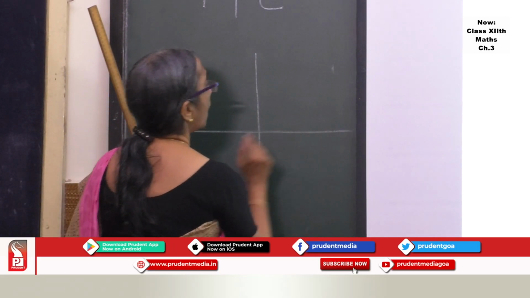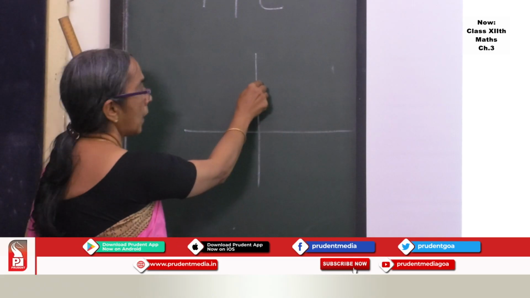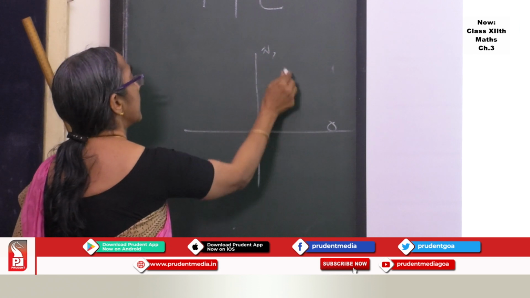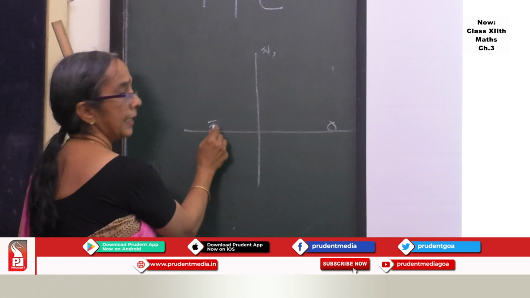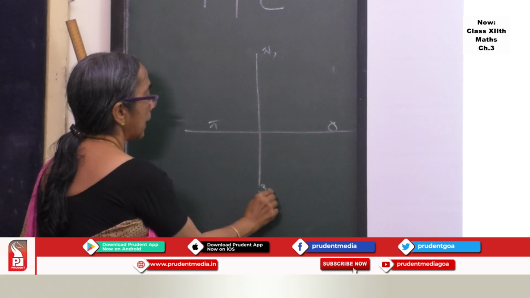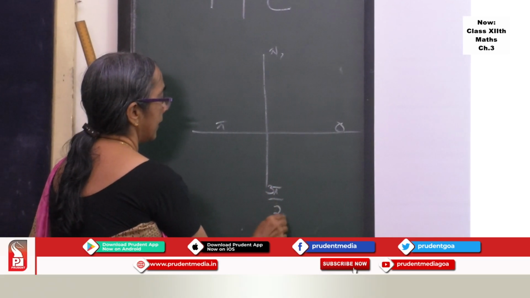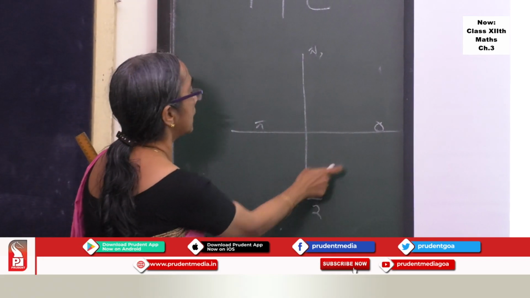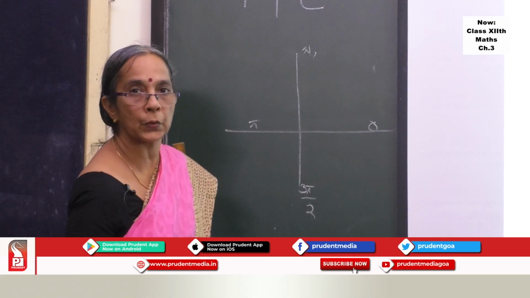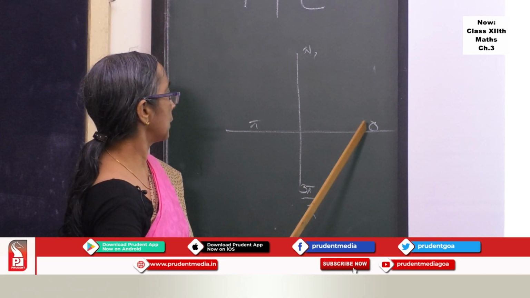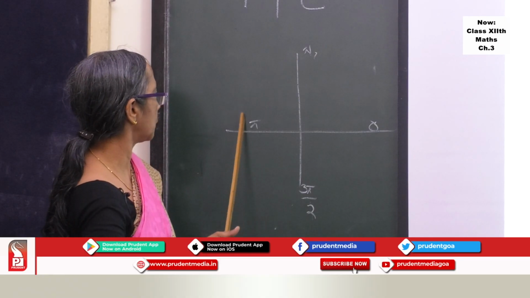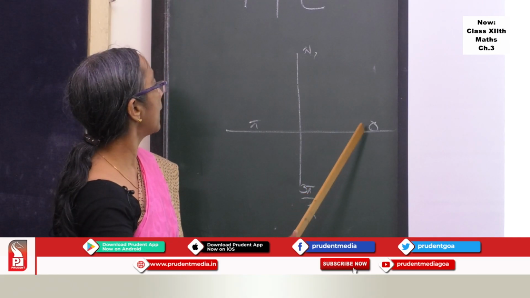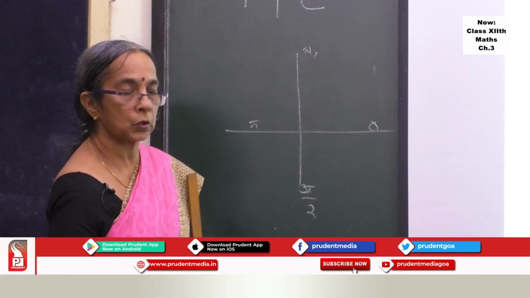How have we done it? 0 to pi by 2 first quadrant, pi by 2 to pi second quadrant, pi to 3 pi by 2 third quadrant, 3 pi by 2 to 0 fourth quadrant.